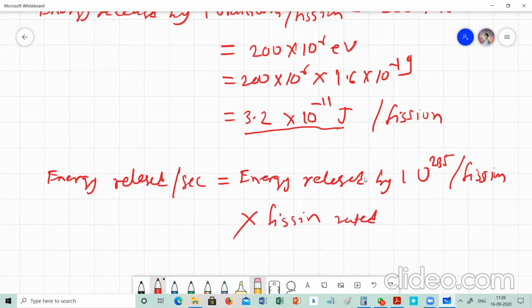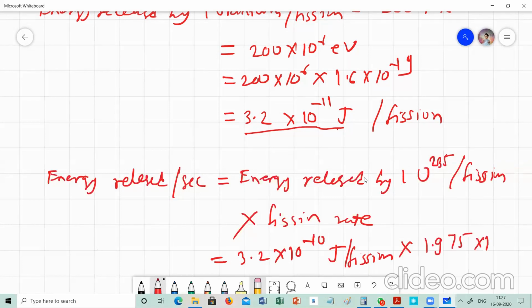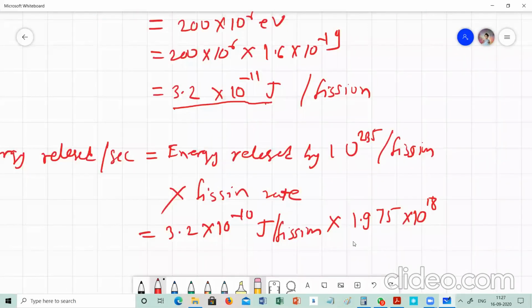Fission rate means the number of fissions happening, or number of atoms going under fission reaction in a given second. The energy released by one uranium atom is 3.2 into 10 raised to minus 11 joule in a given fission, into the fission rate, 1.975 into 10 raised to 18.